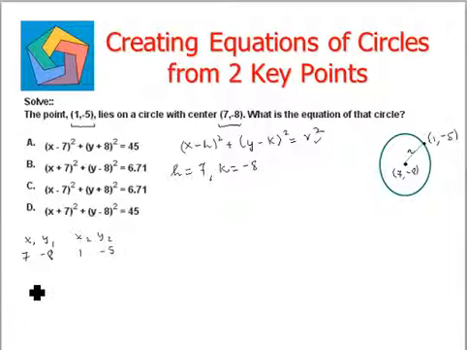So radius r is given by the square root of (x2 - x1)² + (y2 - y1)².